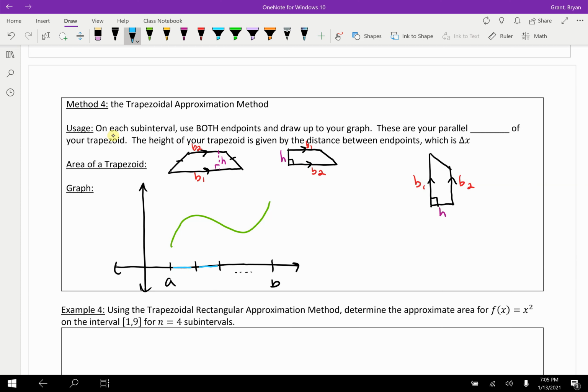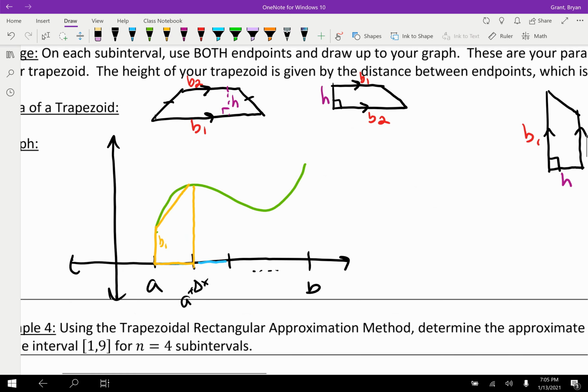So I'm going to go with my first subinterval, this a plus delta x that's right here, and we are going to draw up to the function from both of the endpoints. Those are the bases of my trapezoid. Then we connect and connect. And now we can see a trapezoid here that, strangely for everything we've done so far, has base 1, base 2, and a height.